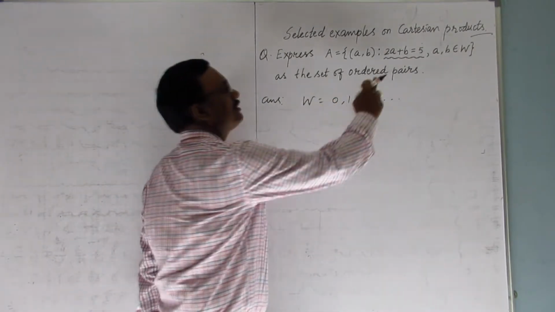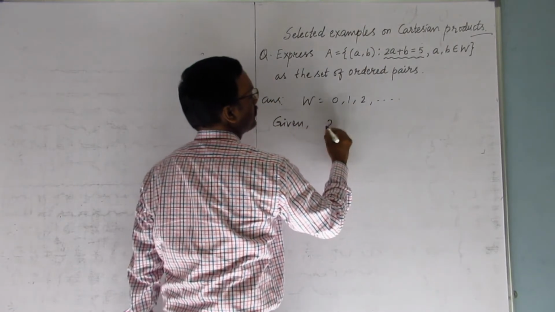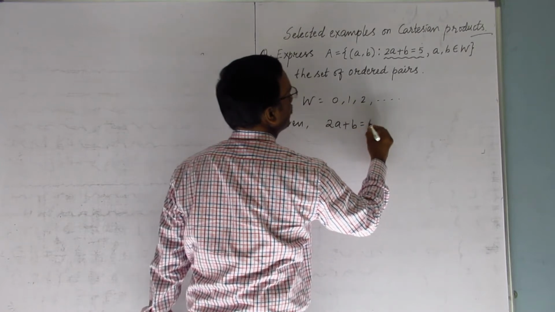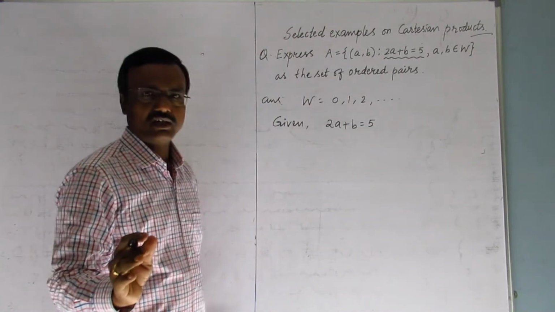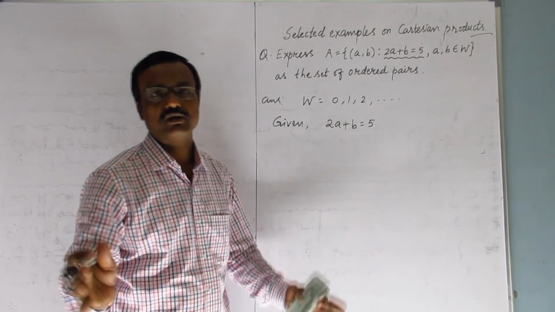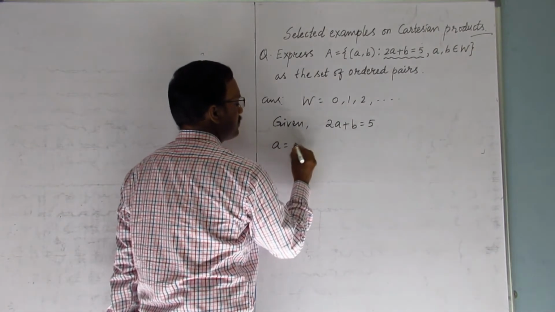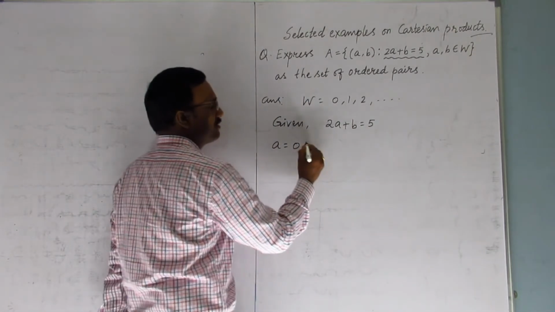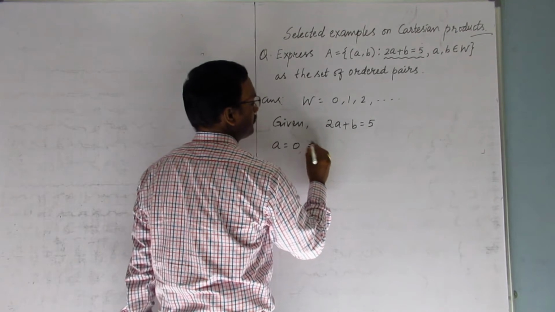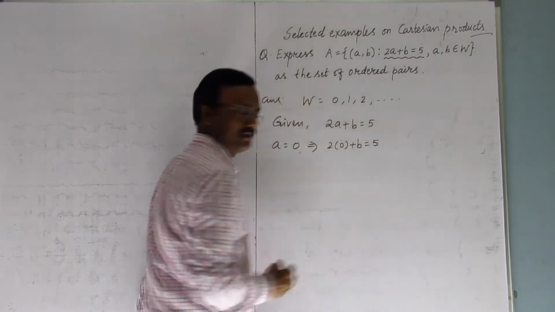Now we will go to the relation given: 2a plus b is equal to 5. So one by one I will select values for a and then find the corresponding values for b. Initially I will choose a equal to 0. If a is 0, then 2 into 0 plus b is equal to 5.